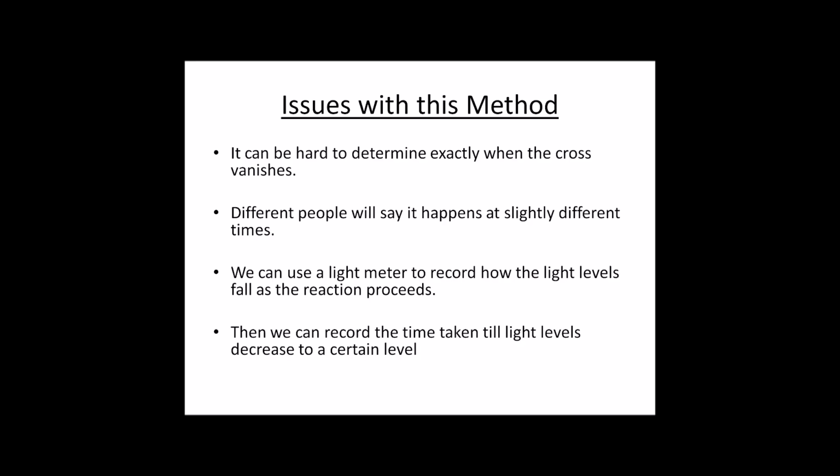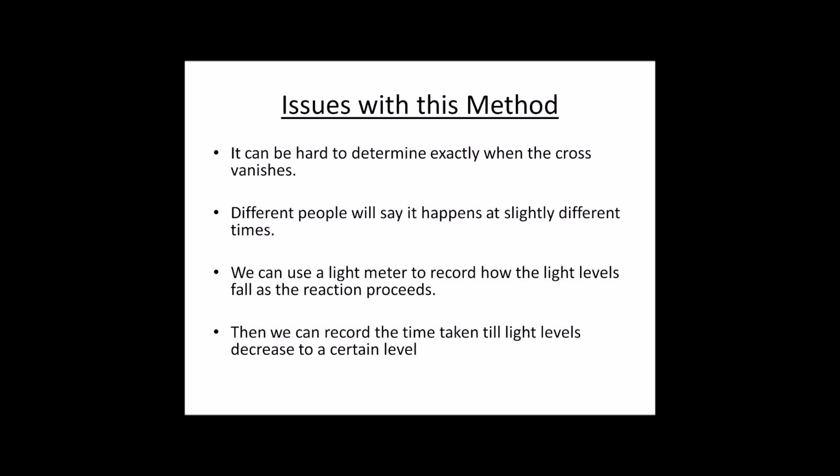With that light meter, we can then record the time taken until the light level falls to a certain reading. Whatever that reading may be, you may decide that you want absolutely no light at all, which might be difficult if you've got a bright room because some light will still get through. But you might pick a value that's suitable from a preliminary test.